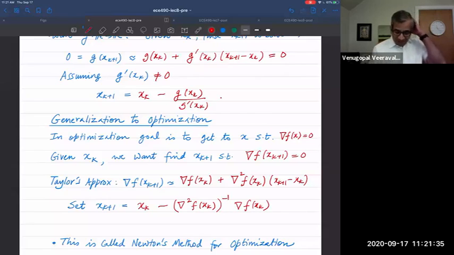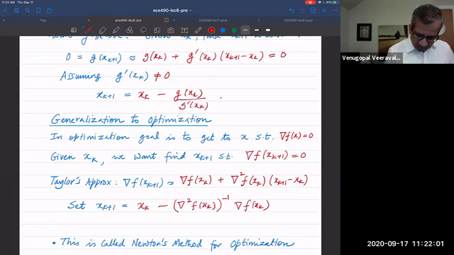Of course, we have to assume that this is invertible, otherwise this doesn't make any sense. It's the same as in Newton's method, where we have to assume that the derivative is not equal to 0. If you hit a point where the derivative g prime is 0, then you will have to restart and go to another point. So in order to invert this, we assume that the Hessian is invertible.